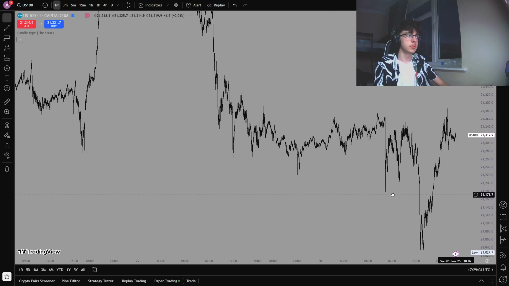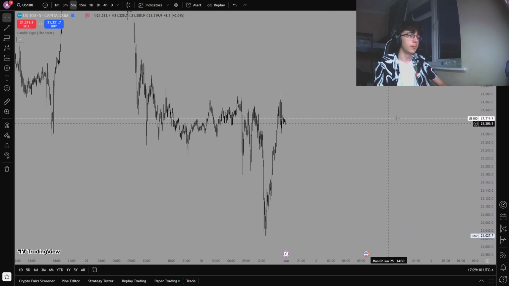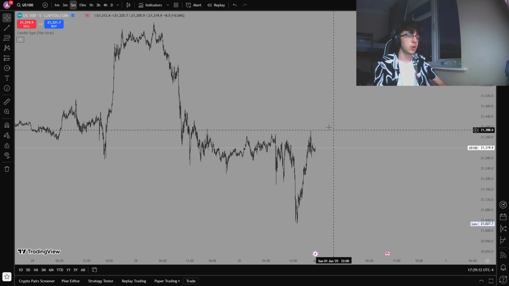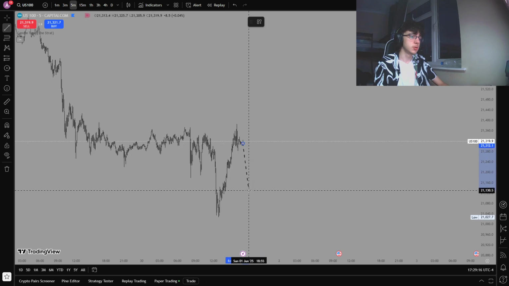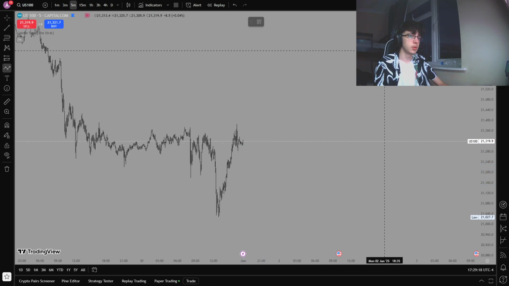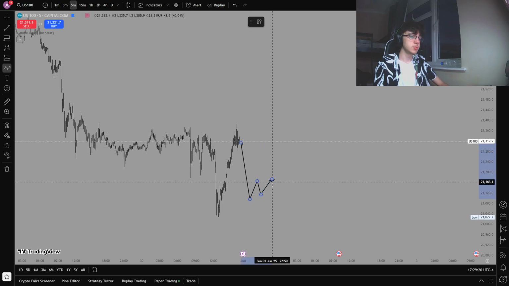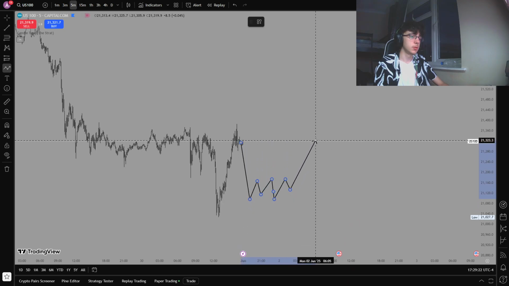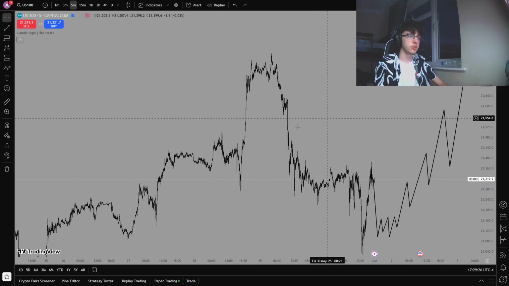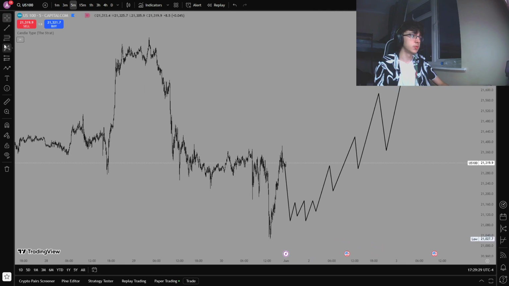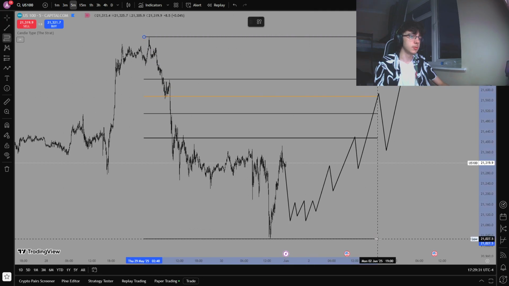For example, here what I'm thinking is that we're going to rebalance this lower time frame range into equilibrium, and then we're going to get some sort of entry here, and we're going to get a balanced range moving higher to rebalance this massive range here.